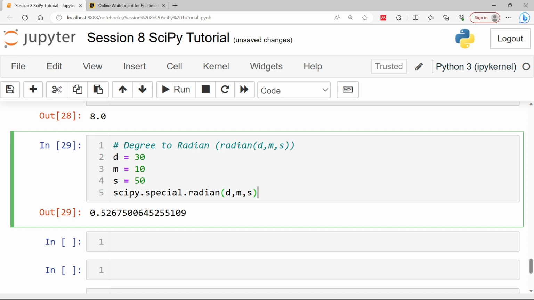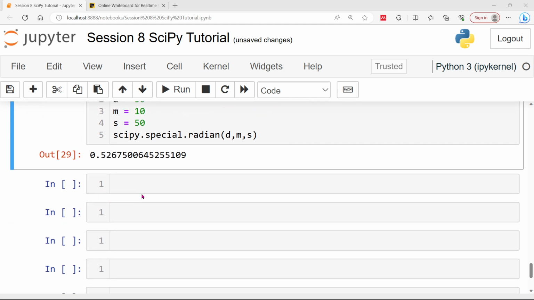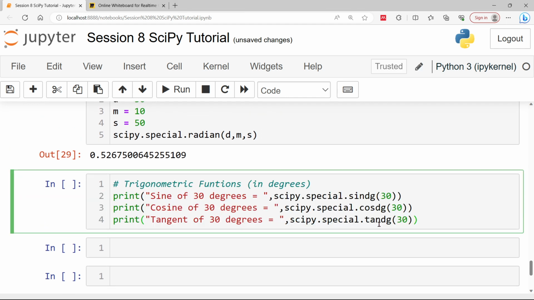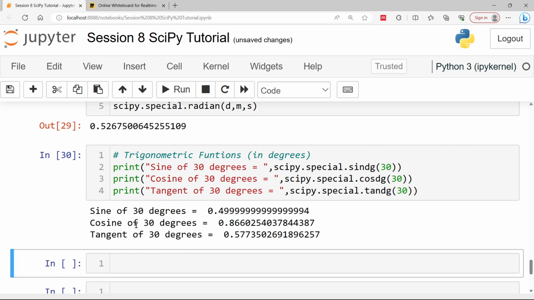What about the trigonometric functions? Yes, we have a solution for this too. We have trigonometric functions in degrees: sine of 30 degrees, and cosine of 30 degrees with cosdg. SIN stands for sine, DG stands for degree, so 30 is 30 degrees. TAN for tangent, DG for degree. Let me run this code and you will find the respective values.